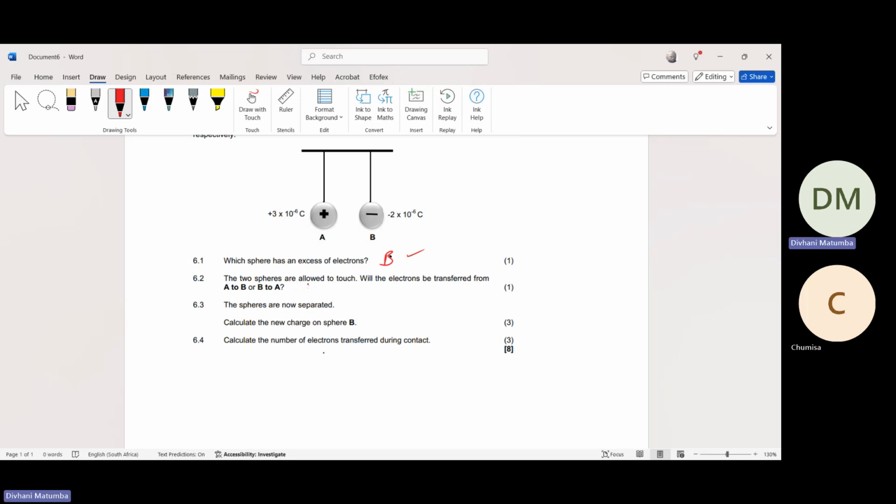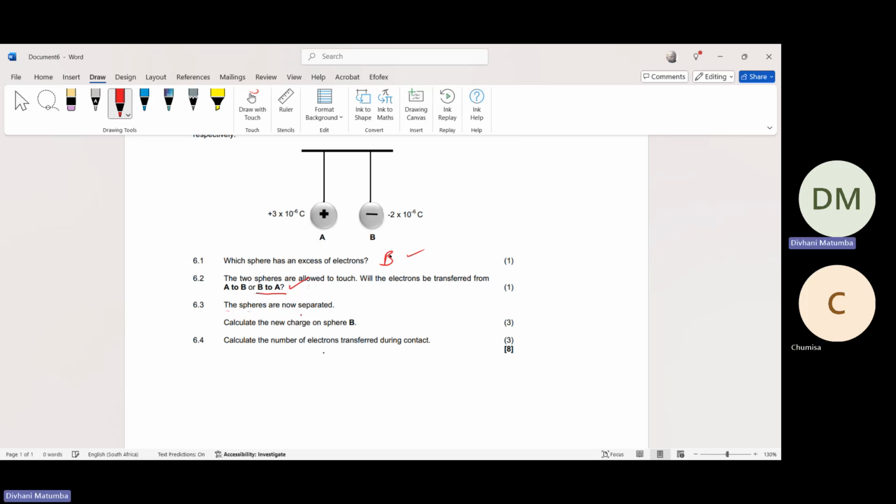Am I making sense? Yes, sir. So the same thing with electrons. The electrons will move from where there's a lot of them, which is from B to A. You understand? Yes, sir.